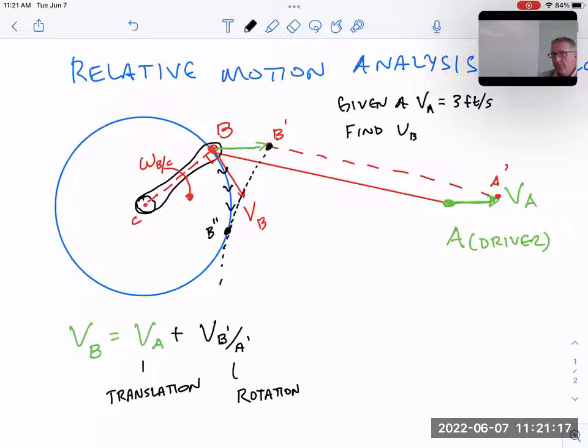I guess when I think of it like you spin a ball in a circle and let go of the ball, it goes exactly in that direction. So wouldn't that just be a straight line from C to B prime? From C to B prime, you're saying it'd be a straight line.